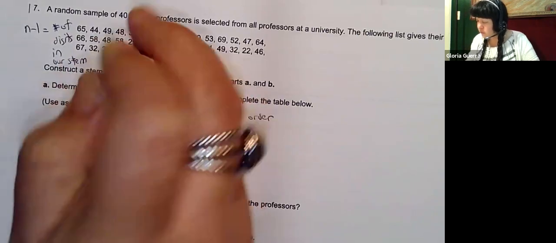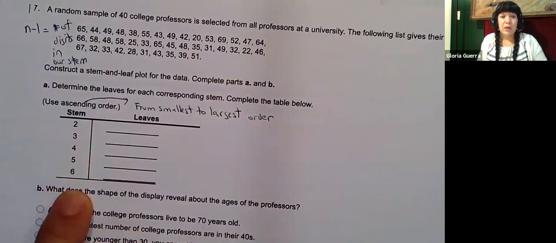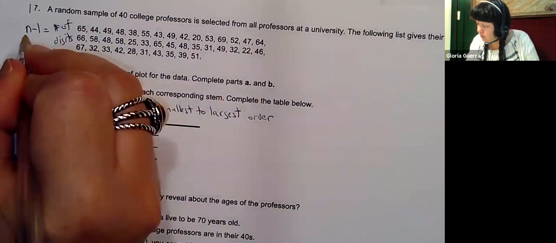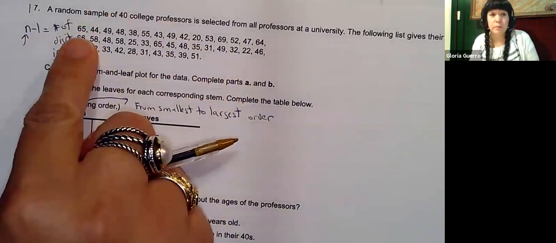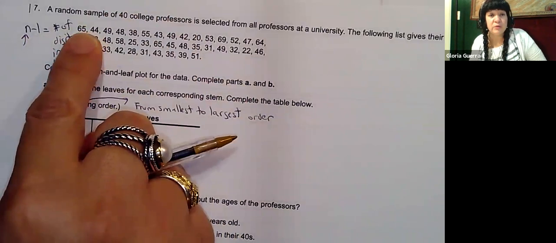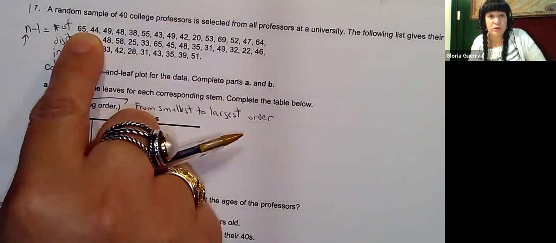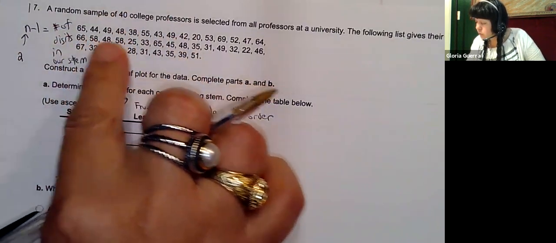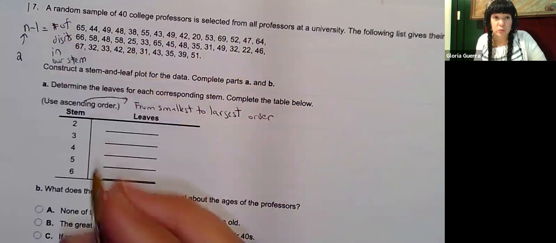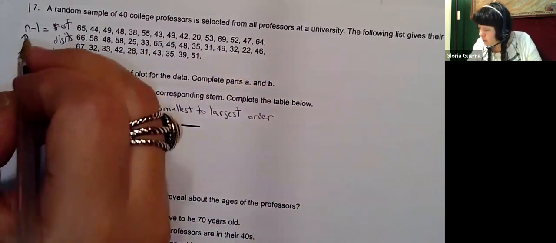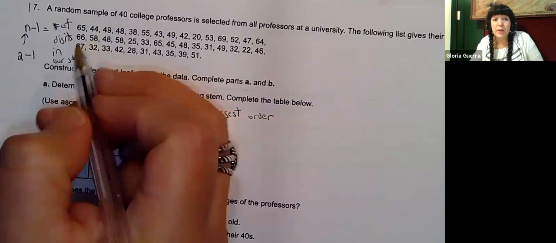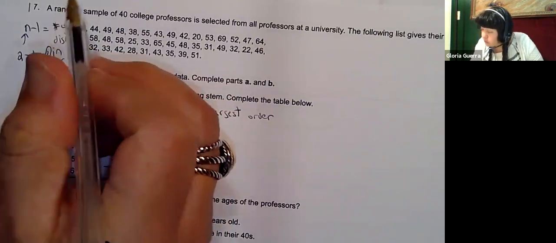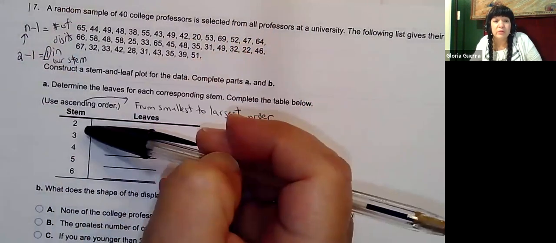You can see in our stem that you only have one digit. That's because n stands for the number of digits in your data. This has two digits in your data. All these have two digits. So n is 2, and 2 minus 1 is just 1. So that's one number in your stem.